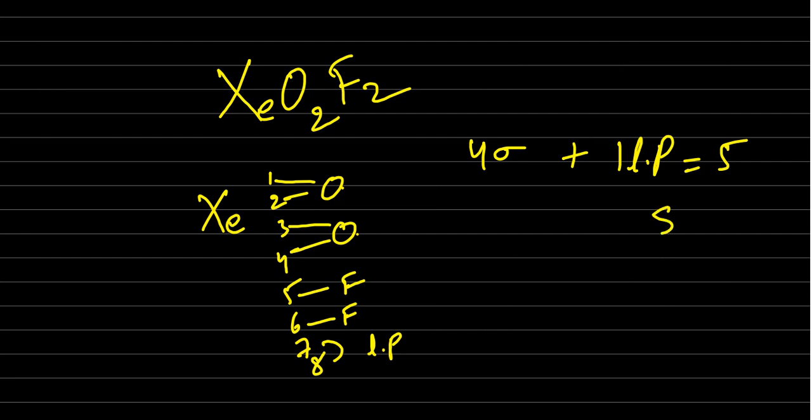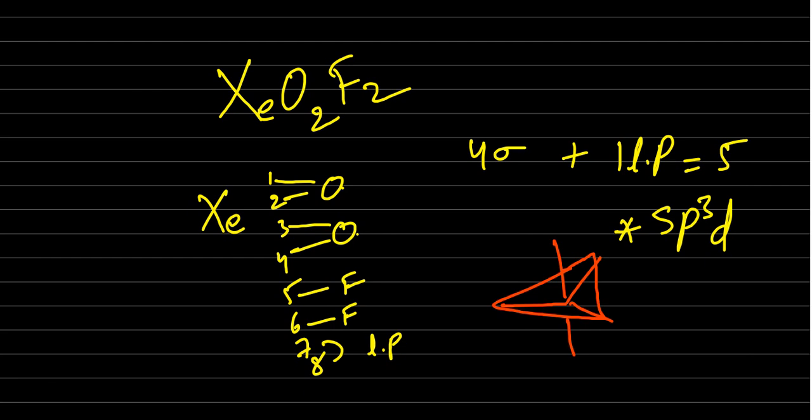So your hybridization is sp3d. sp3d means total 5, so you take the trigonal bipyramidal structure, but this is not the answer. Later you have to keep the lone pair. The note point is, whenever a triangle is there, you keep the lone pair on the triangle. The remaining structure is seesaw.